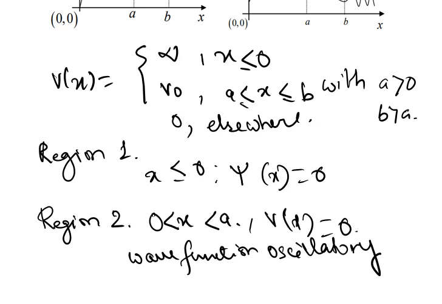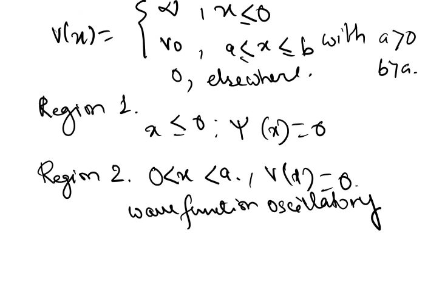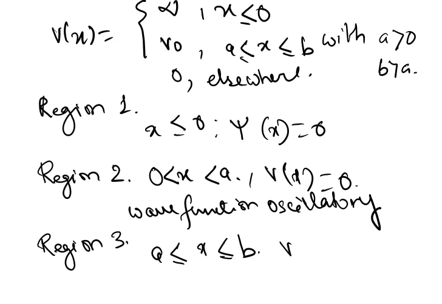Next, in region 3 we have a less than x less than b. We have V(x) equal to V0, which is greater than E. So it is a classically forbidden region. The wave function is exponentially decaying.